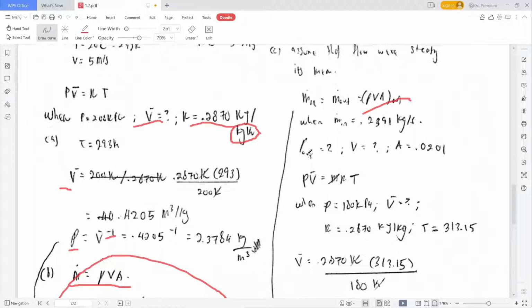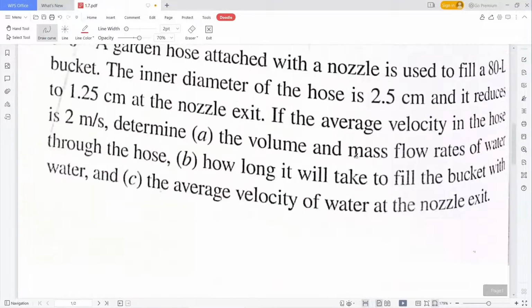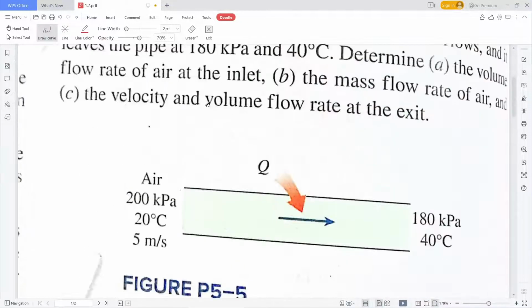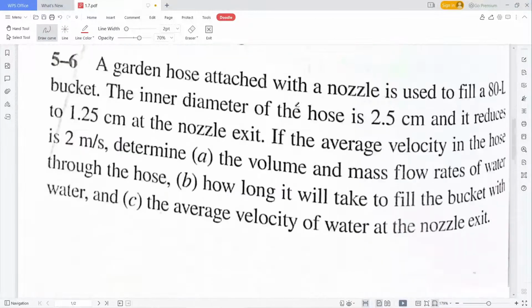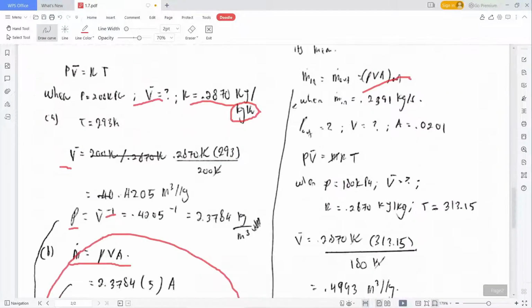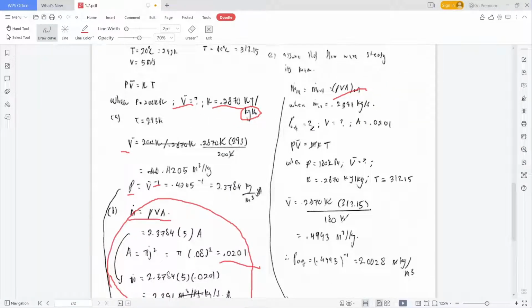We don't know the density of the air at the outlet. We don't know the velocity, since that is what the question asks us. We know the area, since it shares the same pipe diameter, so we have the same area, 0.0201 meter square.